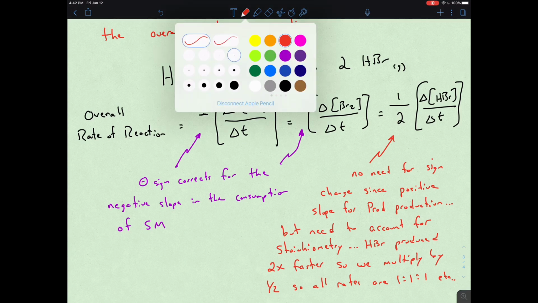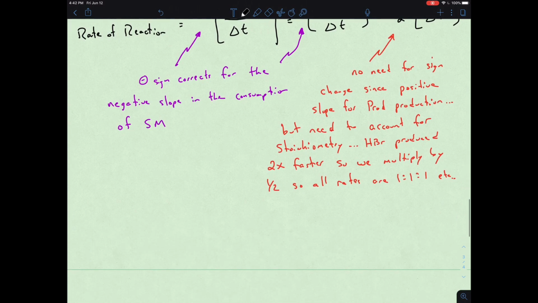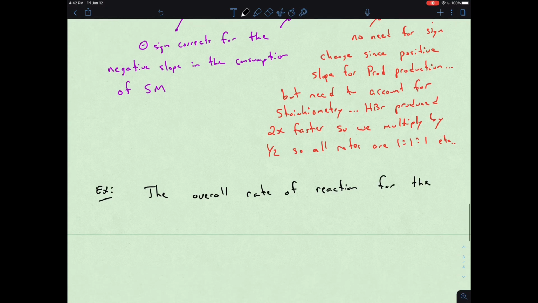So as an example of this, we could say that the overall rate of reaction for the following process is 3.00 molar per second.